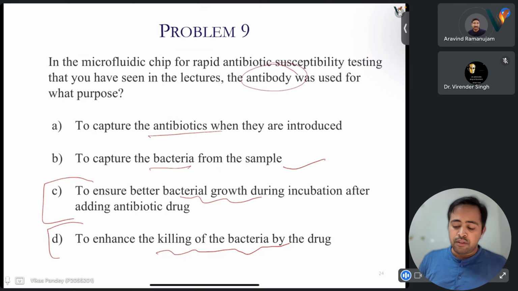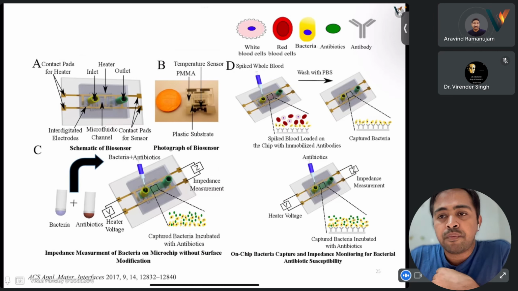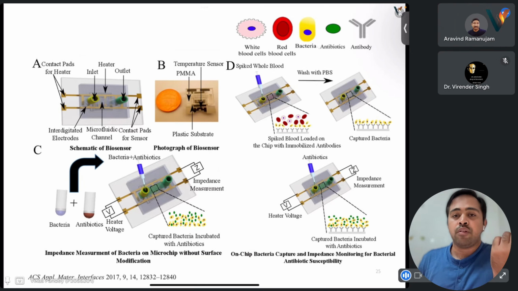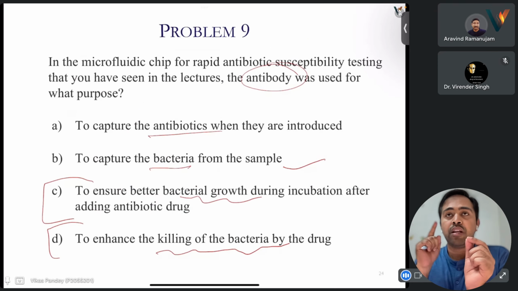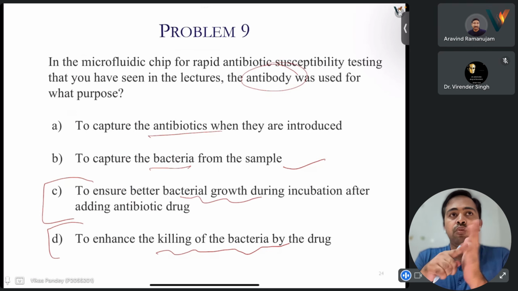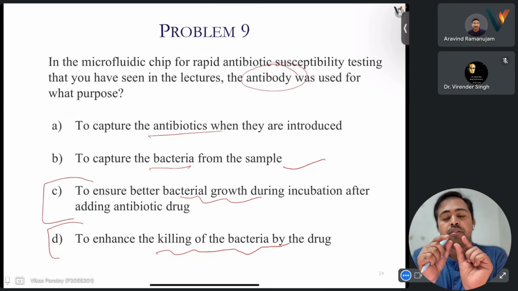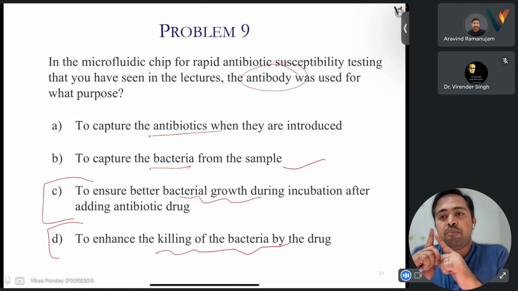So D, antibody is used to kill the bacteria, sir? Is D not correct? No, because we want to check the susceptibility only of the drug. We don't want any other thing. If we have only one parameter to check, that will be much easier, right?